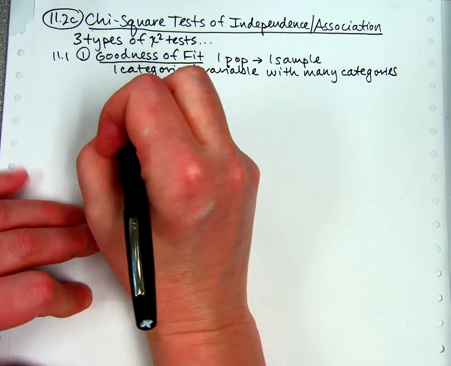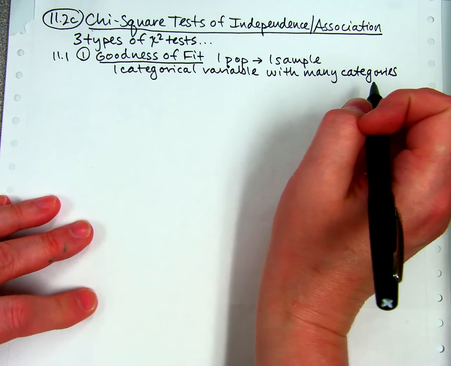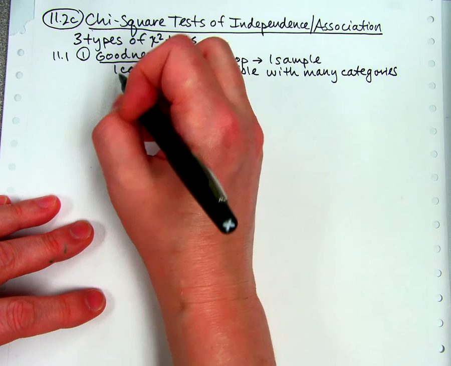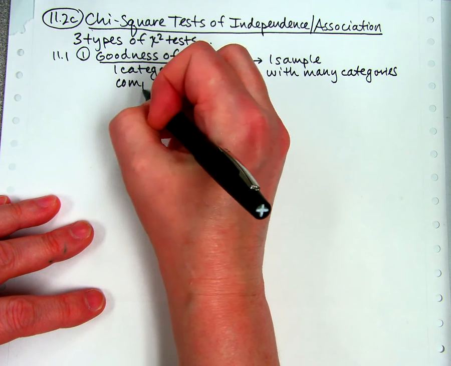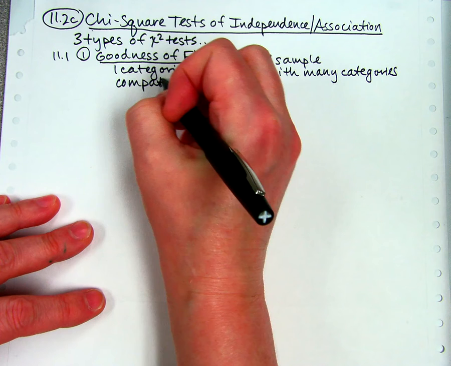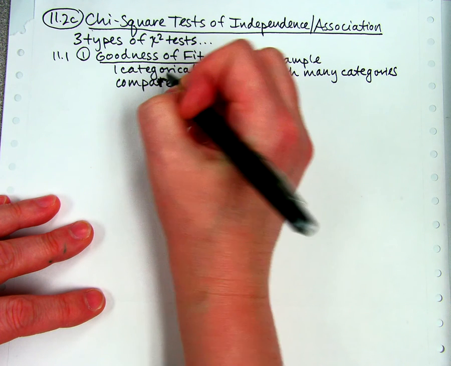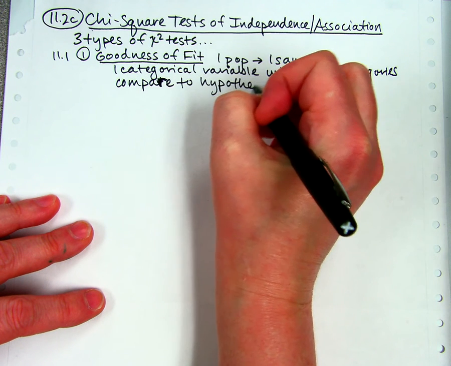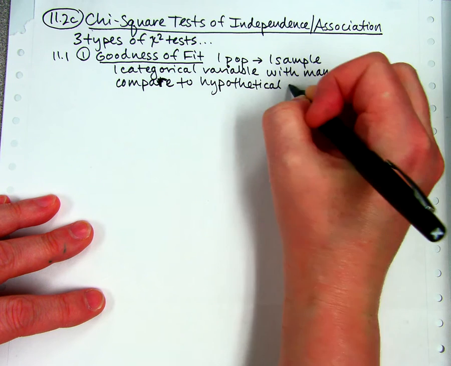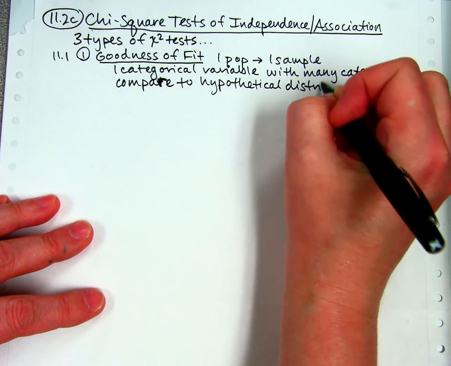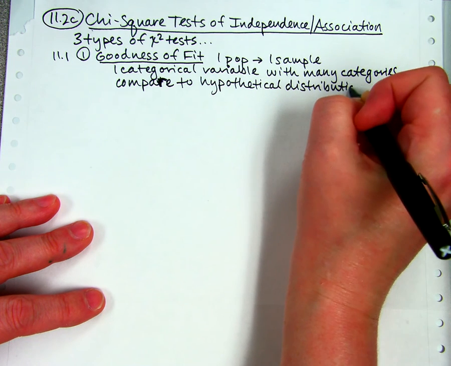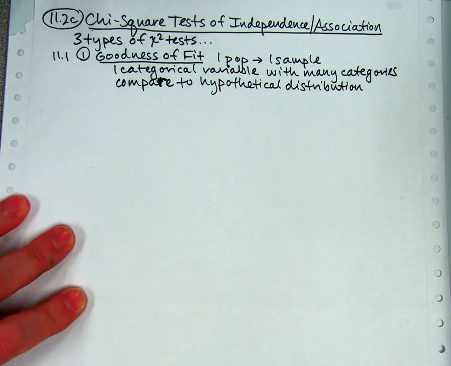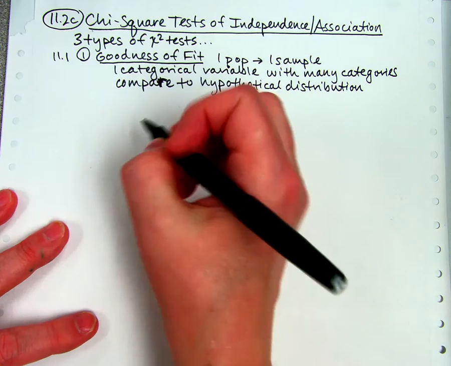And we compared those many categories from our sample, from our population, to the hypothetical proportions that we think were true. So that's where we started this chapter back before spring break.